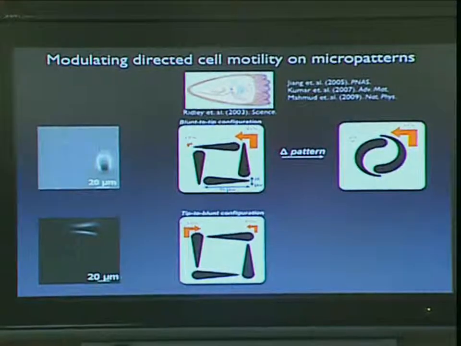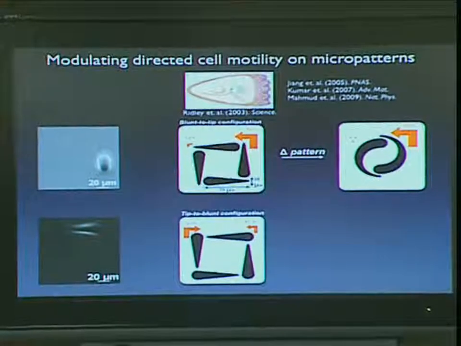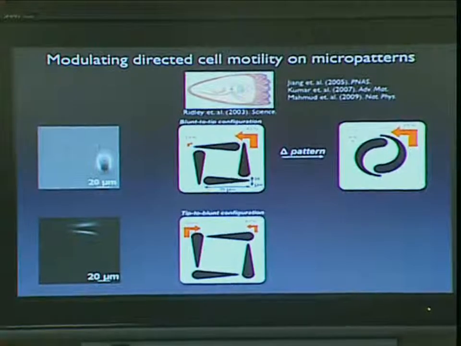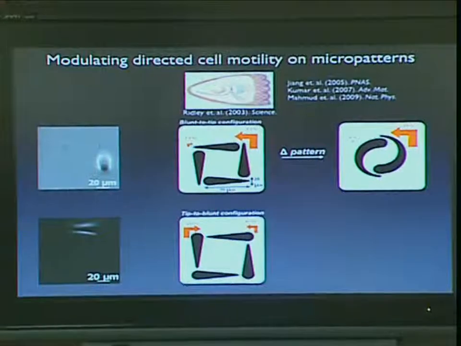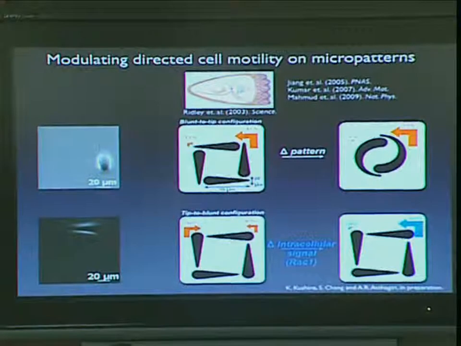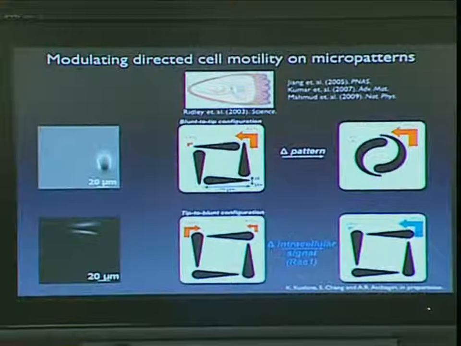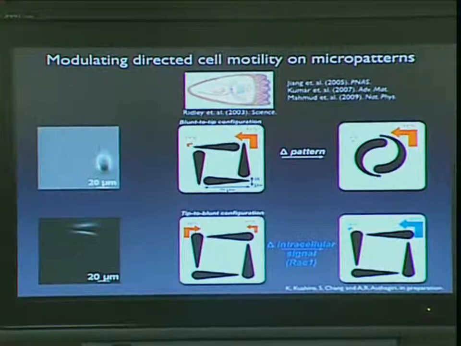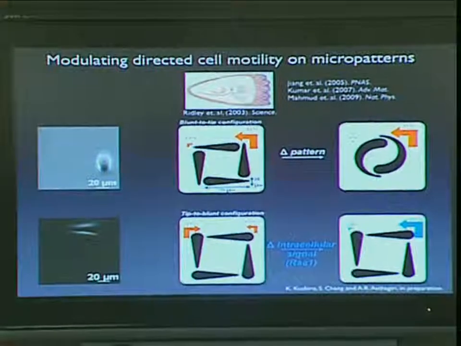What's really interesting about this is that the movement patterns are tunable. Okay, so if you take this cell that was ambiguous on this pattern, but highly oriented here, and if you down modulate a signaling pathway known to be involved in motility, RAC1, you cannot knock it out. You have to dial it down to about 50% level of expression.